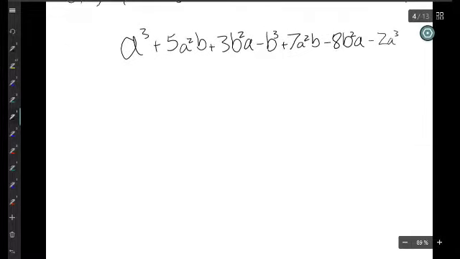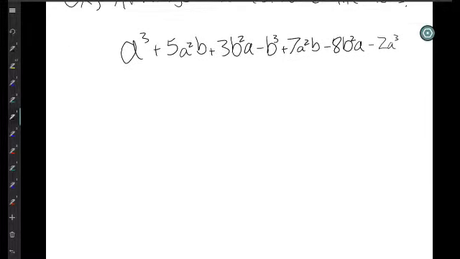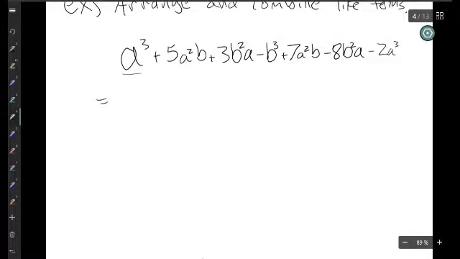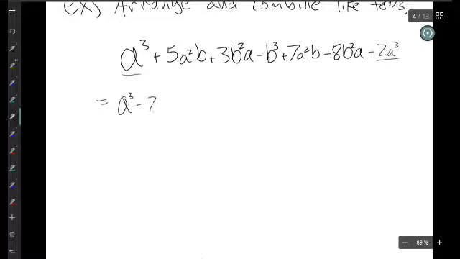Right, so first things, we have an a cubed, and we scan through and see no other a cubes. Oh, but we do at the very end. So a cubed minus 2a cubed. And then a squared b.